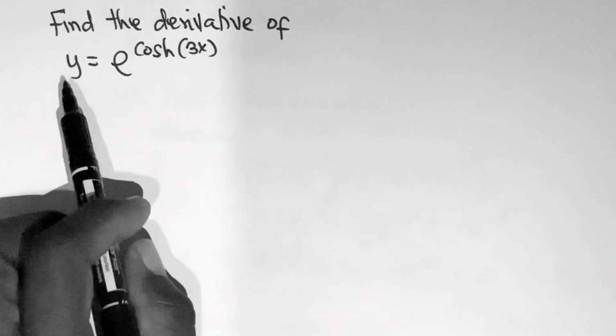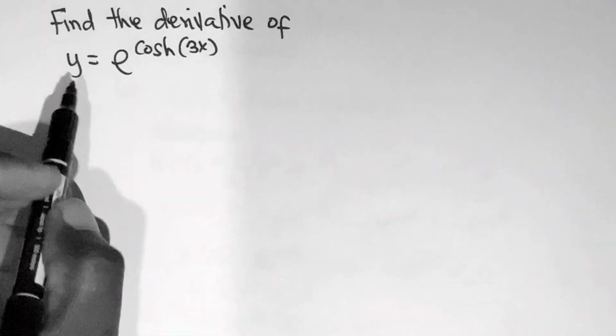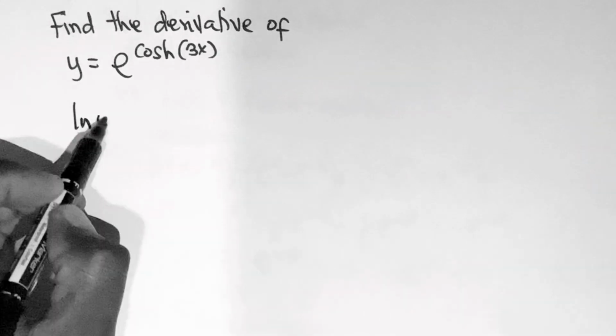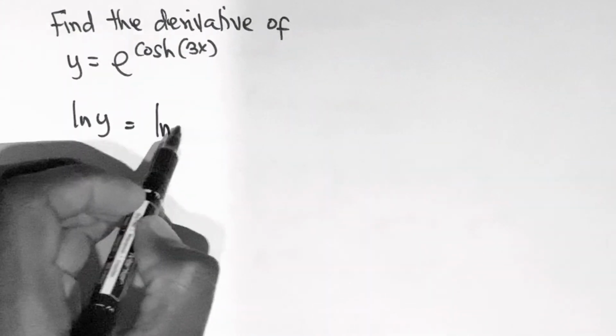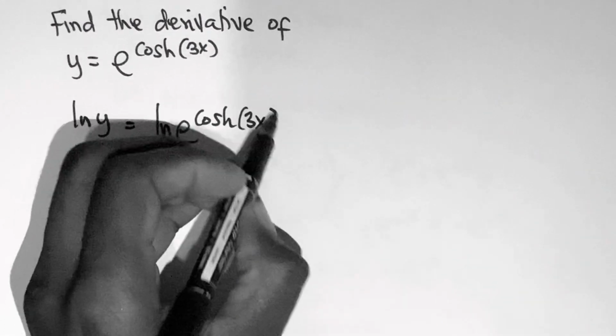Find the derivative of y equals exponent cos 3x. So what we need to do is to take natural log of both sides. So natural log of y is equal to natural log of exponent cos 3x.